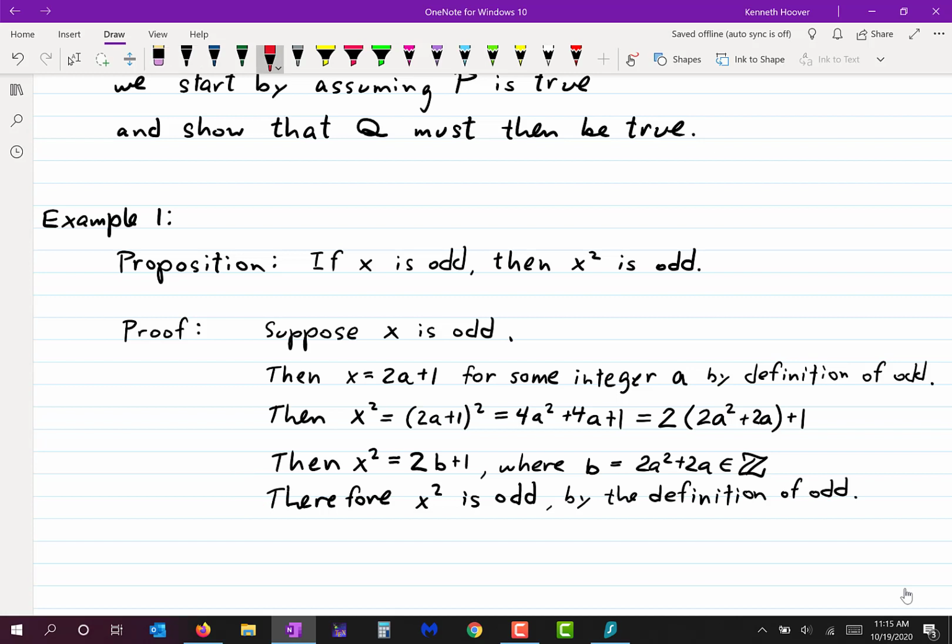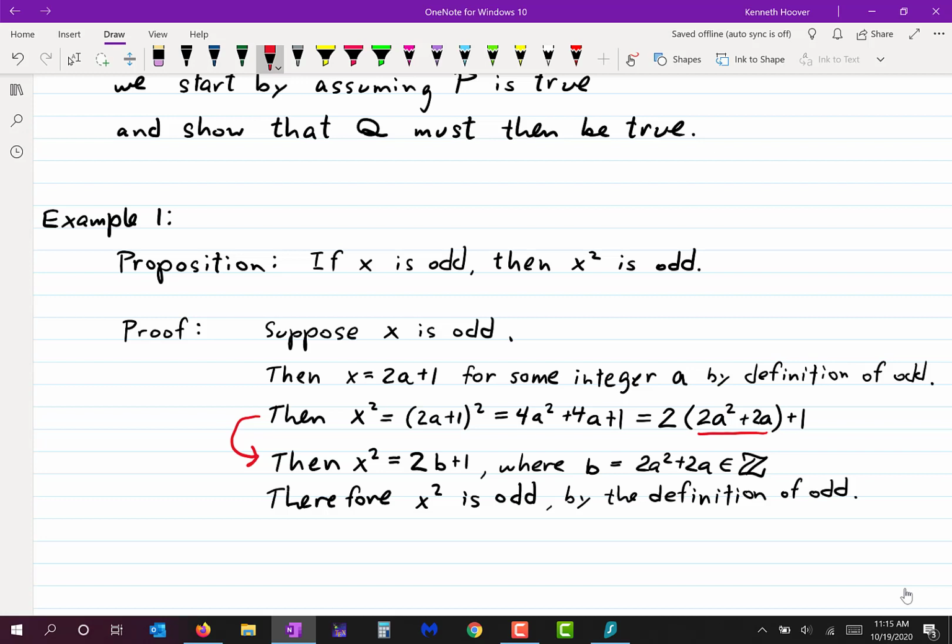Oh, by the way, to get from line 3 to line 4, I didn't actually give a reasoning, did I? And that's because I didn't make a logical step. All I did was rename something. I just took this and named it b and pointed out that that is an integer. I did not use any rules of inference or anything like that.